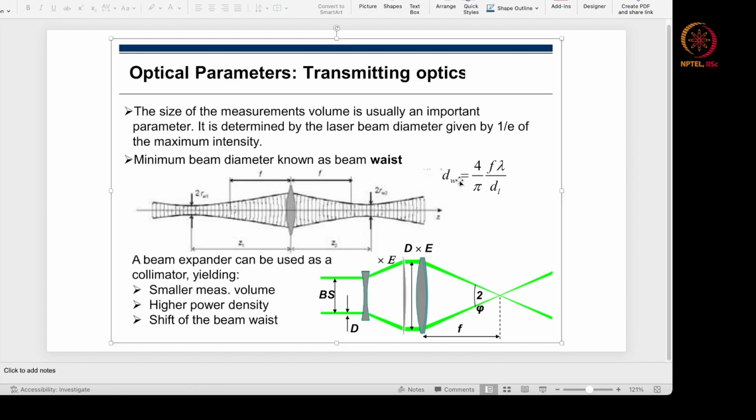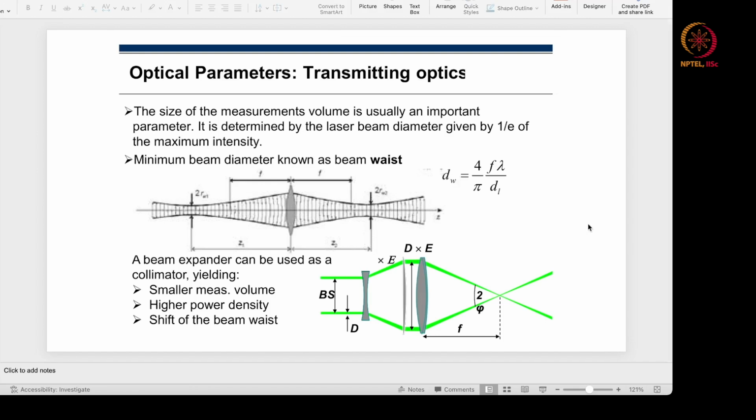Now, this is of vital importance because in many cases you want to focus your beam to a very small location. Why is this important? Because, for example, you want to place it in a flow where you want your spot size, or the measurement volume, so to say, to be of the order of, say, tens of microns.